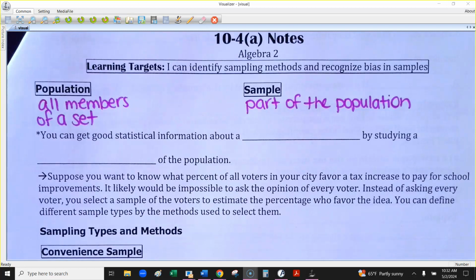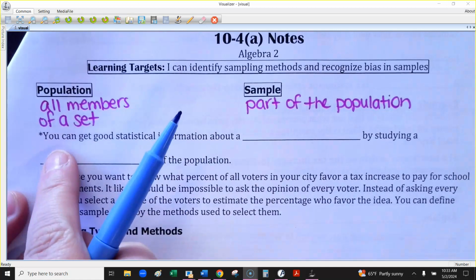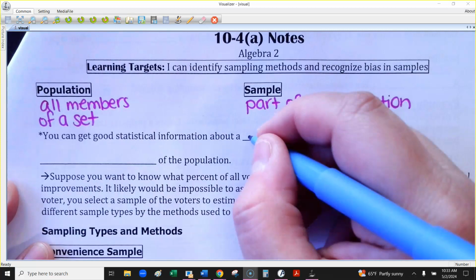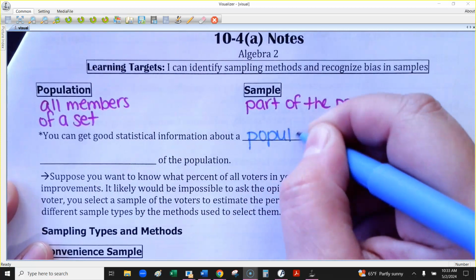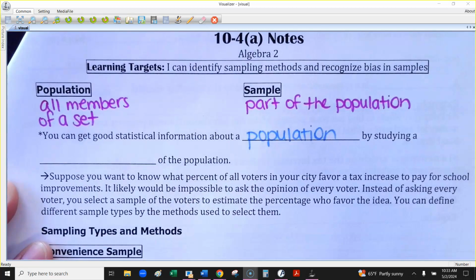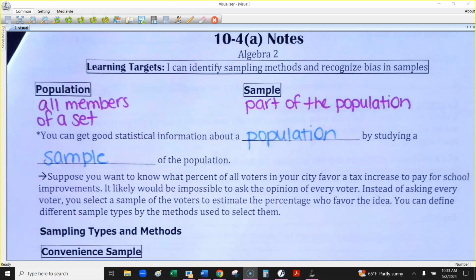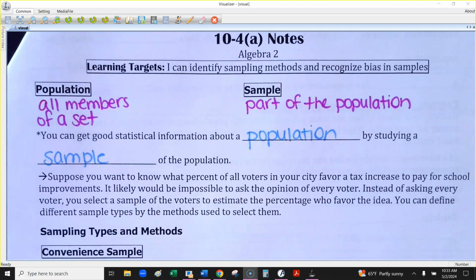Now, the reason we have to define these is because most of the time you don't use an entire population to collect data, you use a sample. So you can get good statistical information about an entire population by studying a sample of that population. A lot of times it's not feasible to get everybody's opinion on something, so you get a group.